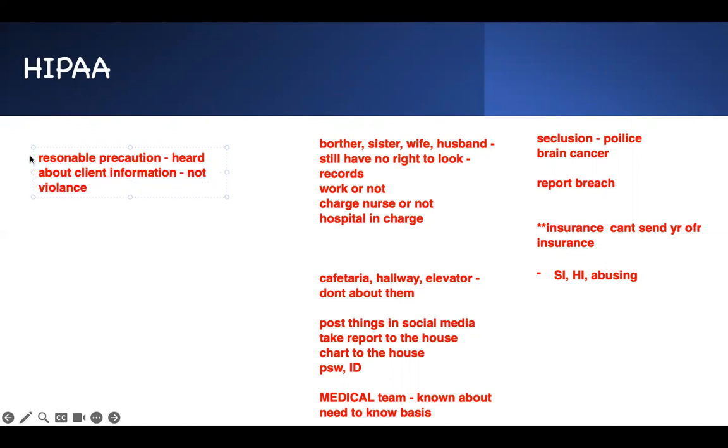So you talk about a patient, but you take reasonable precaution not to let it go anywhere. But even when you do that, somebody heard about it, it's not what? Violation. This is no violation.